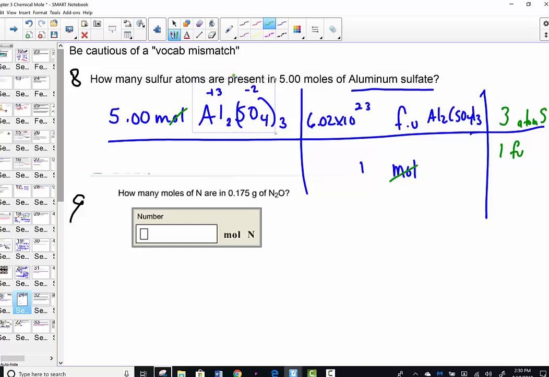So what I'm referring to as a vocab mismatch, I just mean that if I'm asked to count something smaller than the substance they gave me, you should be suspicious that it's a 2-step conversion. I've got to count something inside smaller than the compound they gave me. So I'm going to take 5 times Avogadro's number times 3, and I got an error.